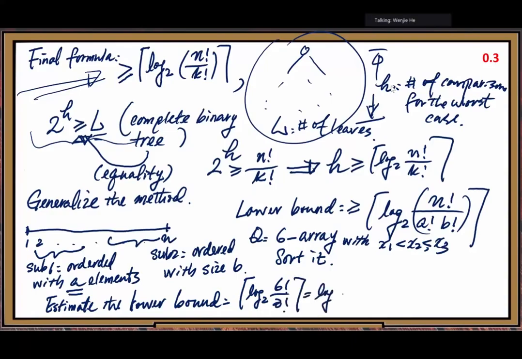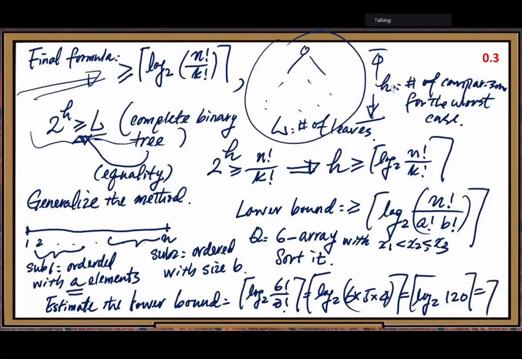Because of cancellation, 6 times 5 times 4, the tail part cancels out. That gives 120, and log base 2 of 120, ceiling, equals 7. So the lower bound is 7 comparisons.